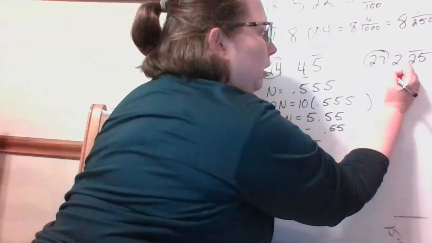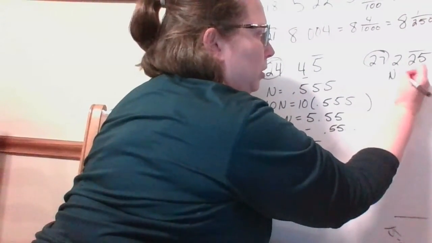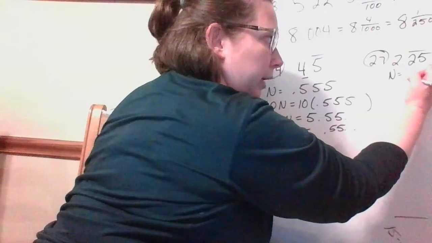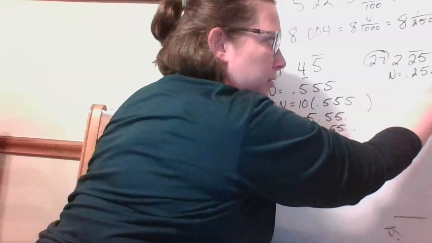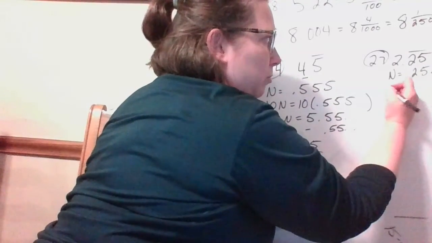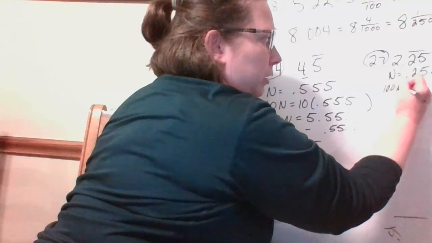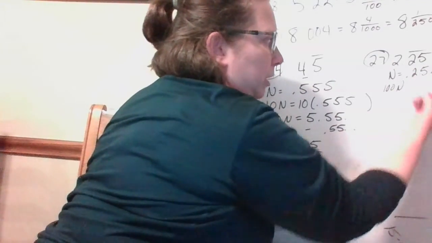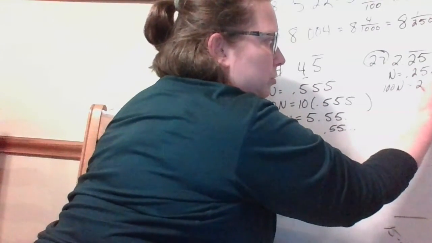Next up, we come over here, and again we have that whole number, but we can ignore that. We're going to multiply by 100 here so that our repeating period moves to the left of our decimal.